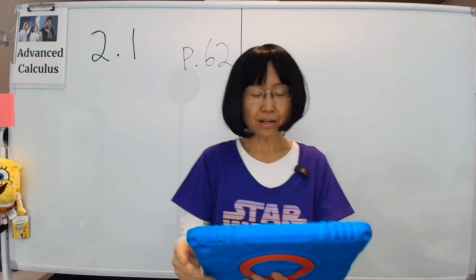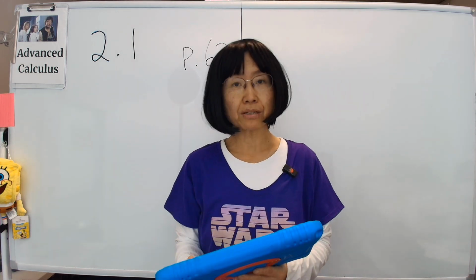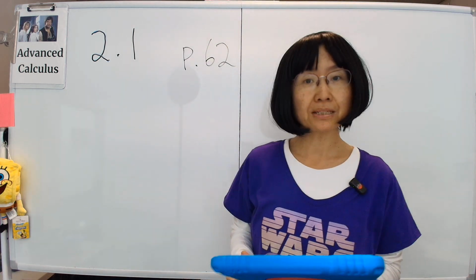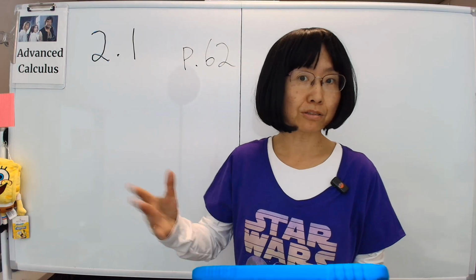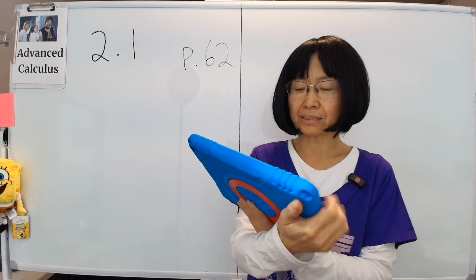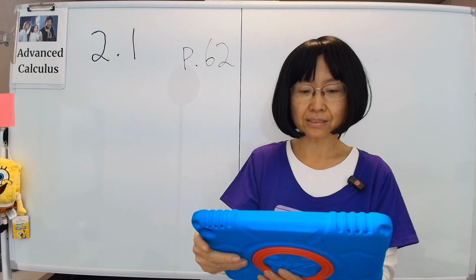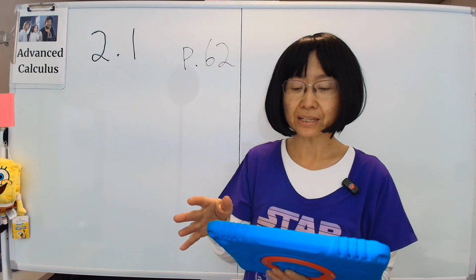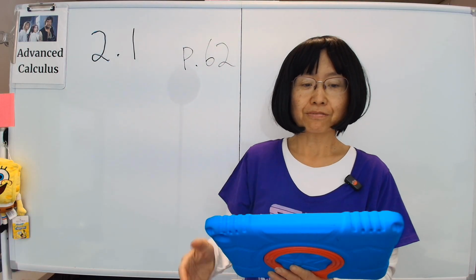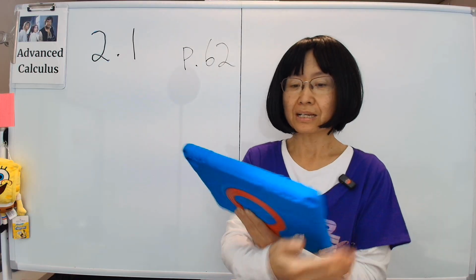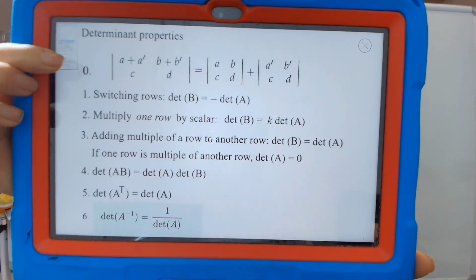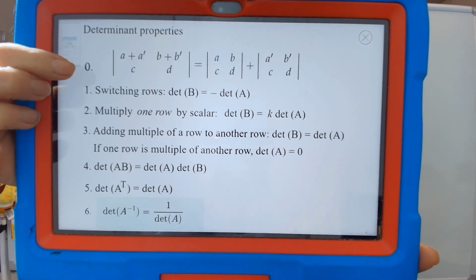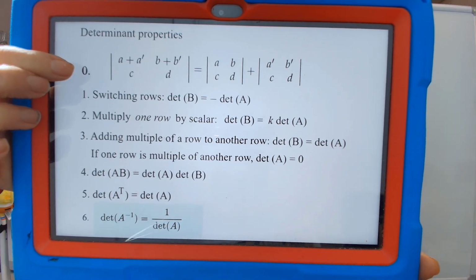So before we start, I want to do a quick review of all the properties of determinants that you have studied back in algebra or something. They are relevant in this section because we're going to do quite a bit of it. So if you're not fresh on the determinants, here's a quick review. Now the first one, I added this first one later. That's why it's 0.0.